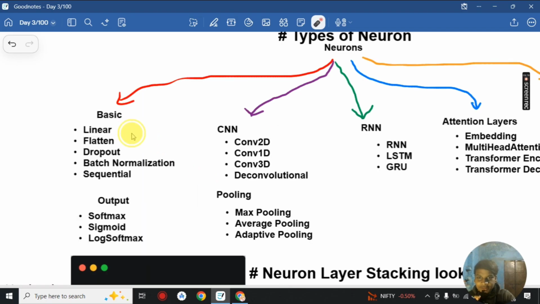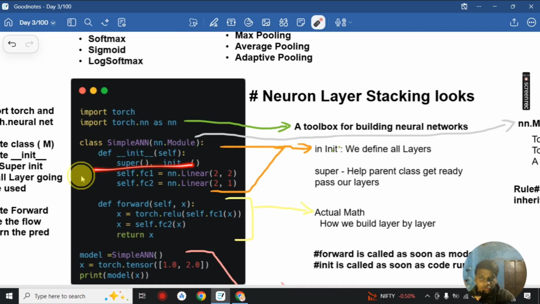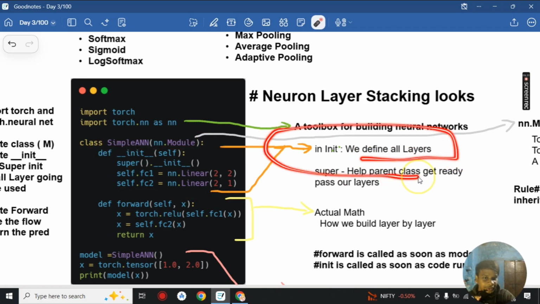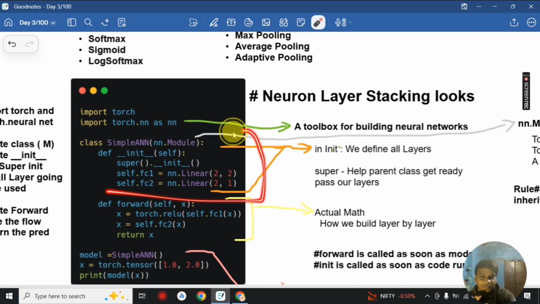If we want to use linear, flatten, RNN, LSTM, we initialize them all here. So this def __init__ is used to define all our layers. We are not stacking here, we are just defining the neural layers which we will be using in future.